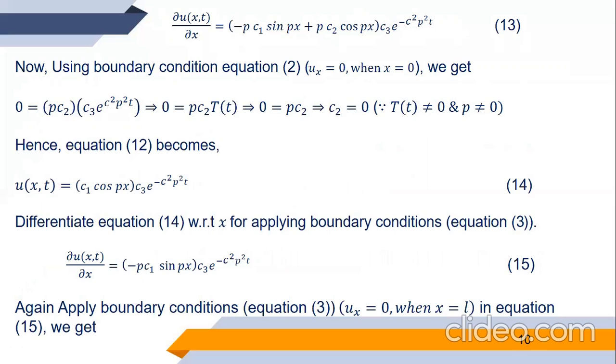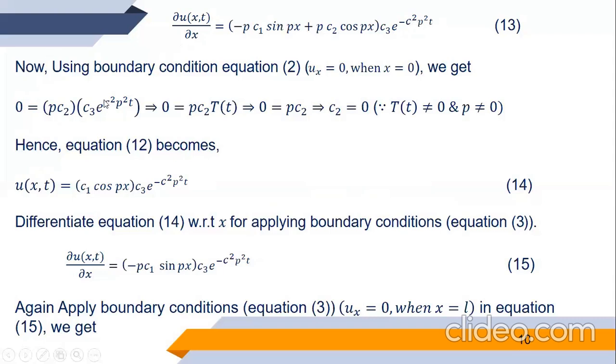We are applying the boundary condition equation 2. Ux is 0 when x is 0. So 0 is equal to pc2 cos 0 is 1, sin 0 is 0. So therefore pc2 c3 e raised to minus c square p square t.